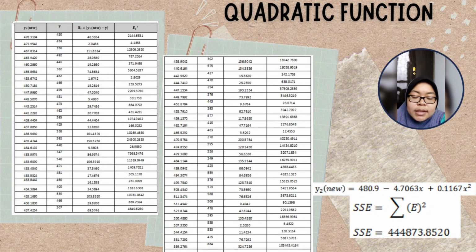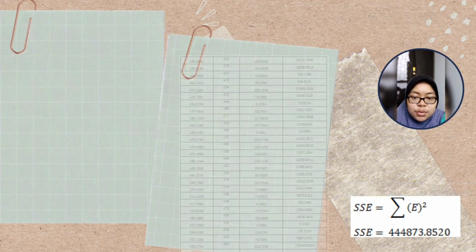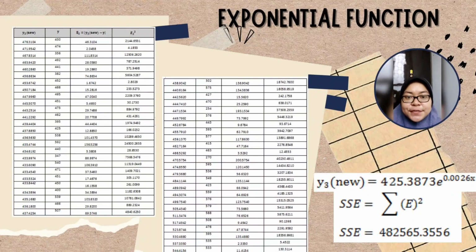After we get the value for the absolute error, we raise the absolute error to the power of 2. So we sum all the squared absolute errors to get the SSE. So the SSE for the quadratic function is 44873.8520.